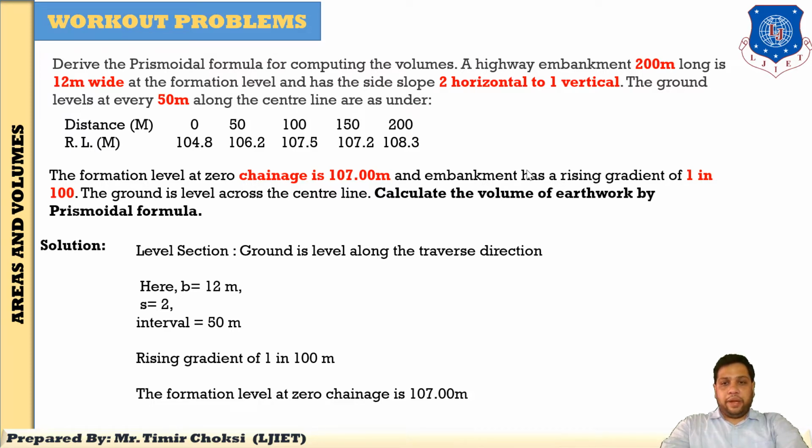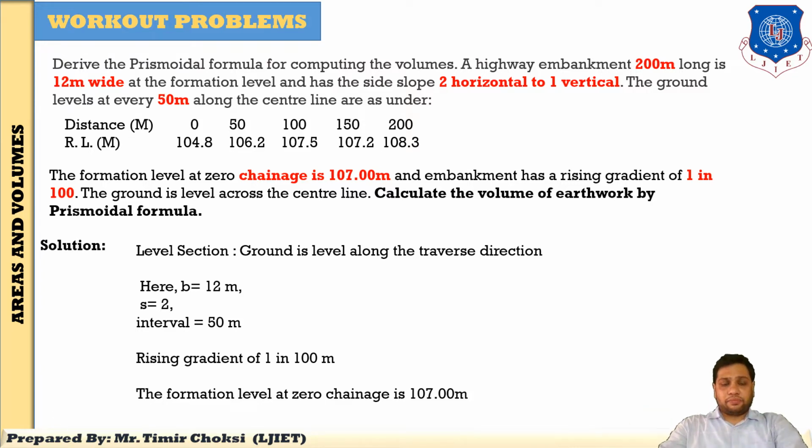I have given a simple example. I start walking from 0 to 100 meters, so your vertical slope is rising 1. Then from 100 to 200, your vertical slope is again rising 1.